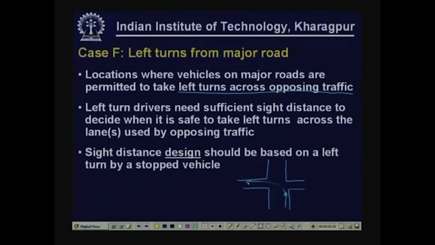Okay. So, against this opposing movement, opposing traffic, left turn drivers need sufficient side distance to decide when it is safe to take left turns across the lane used by opposing vehicle.